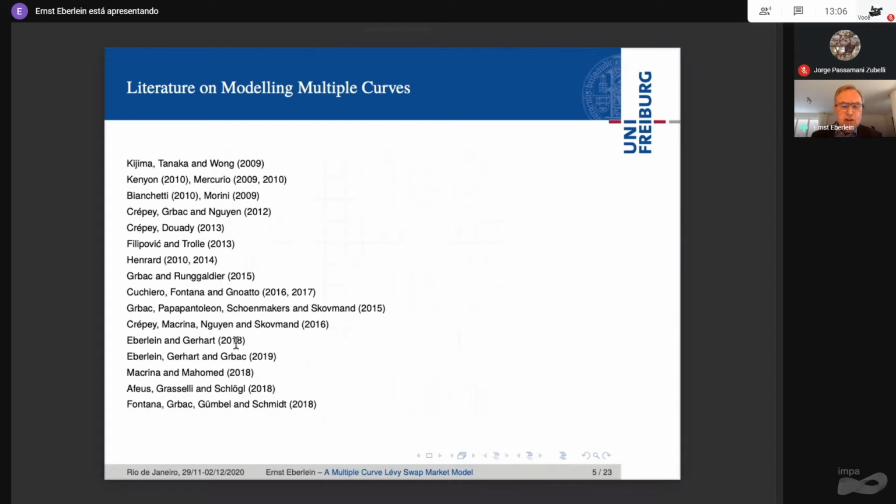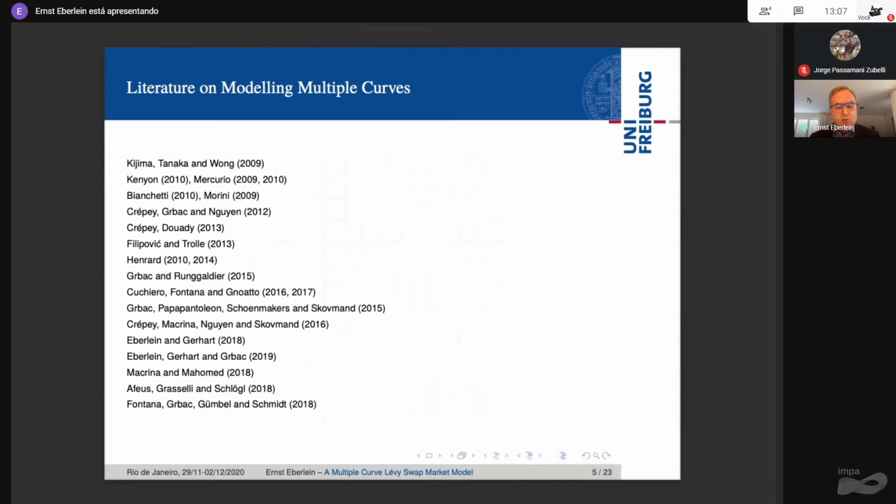What I'm going to discuss now is a completely different approach. We look at the swap rates. There are a number of reasons why considering swap rates is attractive. First of all, this choice is natural because of the availability of reliable market data.